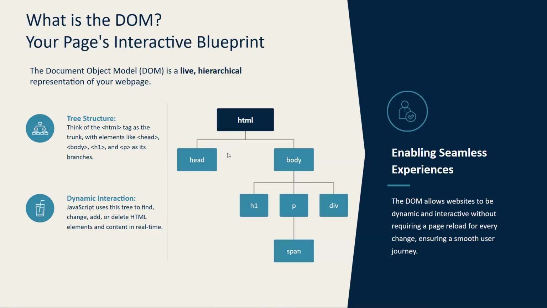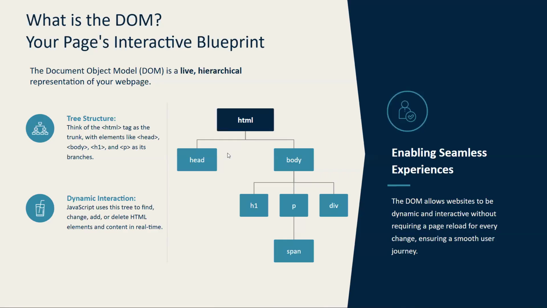So what exactly is a DOM? Well, as I mentioned before, it stands for Document Object Model. It's basically the browser's live hierarchical representation of your web page. So instead of JavaScript directly changing the HTML file, it changes this live version of the page in the browser.